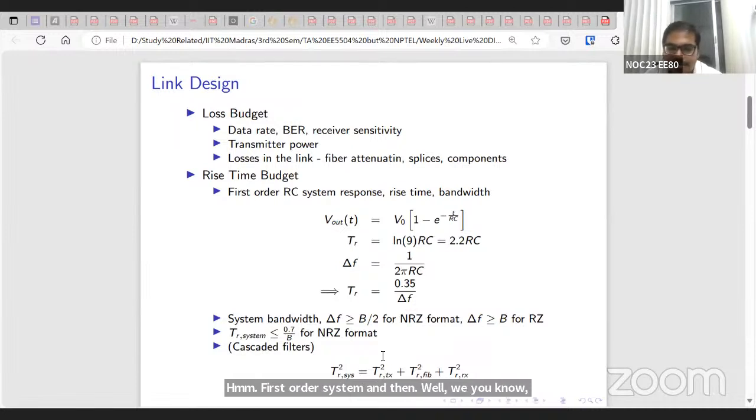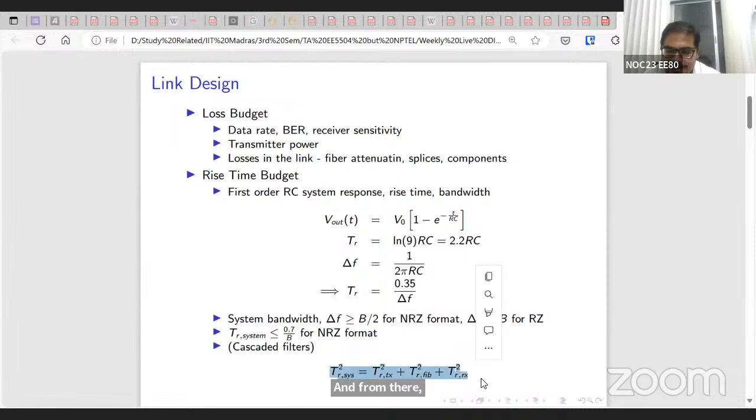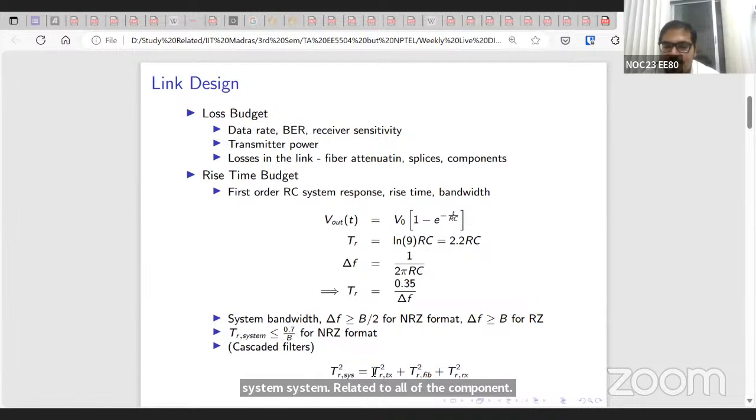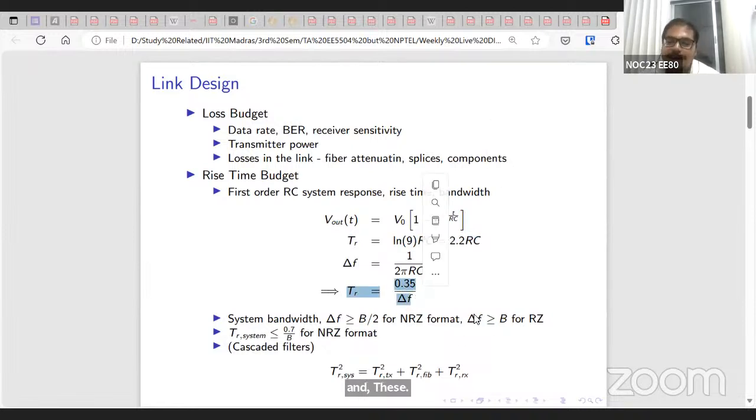From there, our main working formula is that the system rise time is related to all of the component contributions using this formula. And how we relate the RC time constants, bandwidth and rise time, these formulas are also useful. You have to understand how we arrived at these numbers. This is the workhorse, I think.